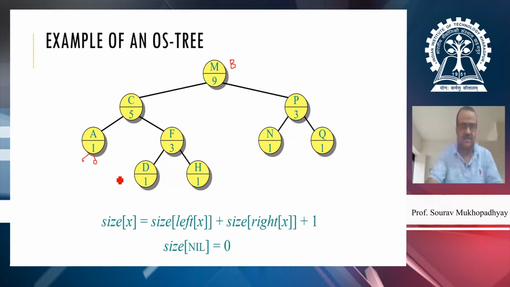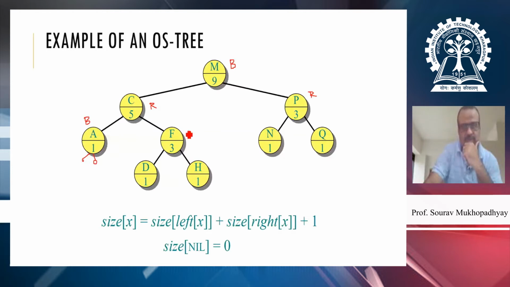They are the newly introduced leaves, all black, and we need to color the other nodes so that it follows all the properties. So any suggestion of the coloring? So C and P red, A, F, N and Q black, and D, H red. We want to make this one black.